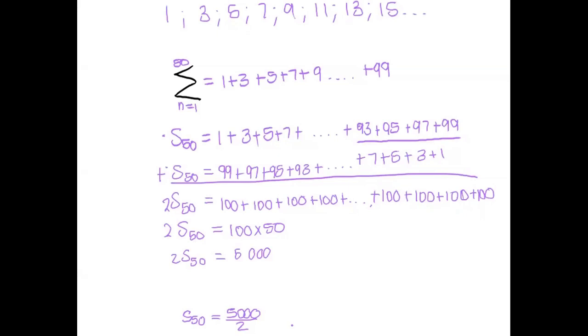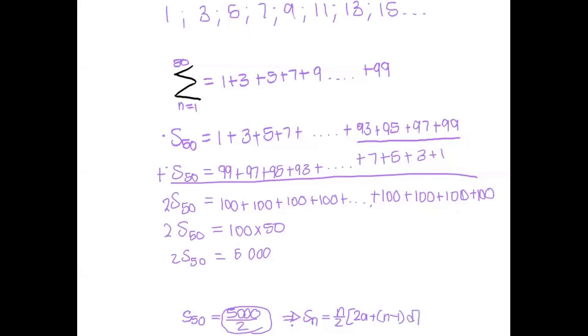So another way to write this, in terms of a formula, would be Sn is equal to n over 2 by 2a plus n minus 1 d, right?